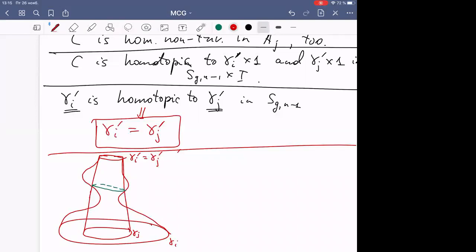Let us recall that the intersection along this C is transversal. So if we look along C, then in the normal direction, we have the following situation. So this is AI and this is AJ.